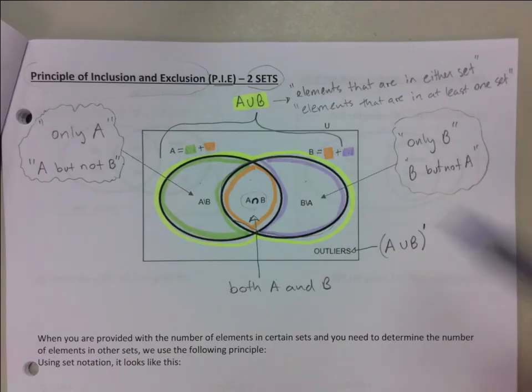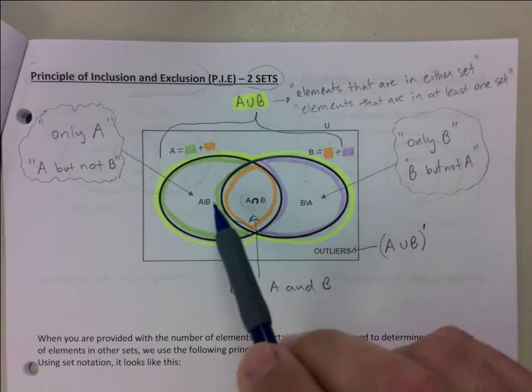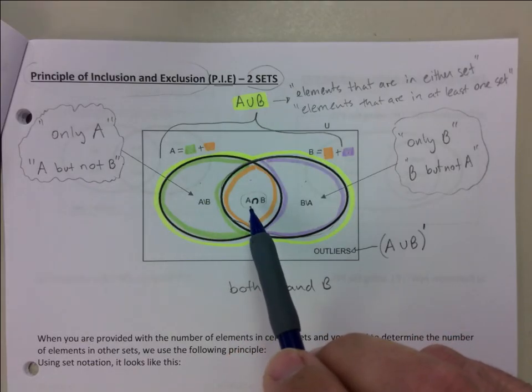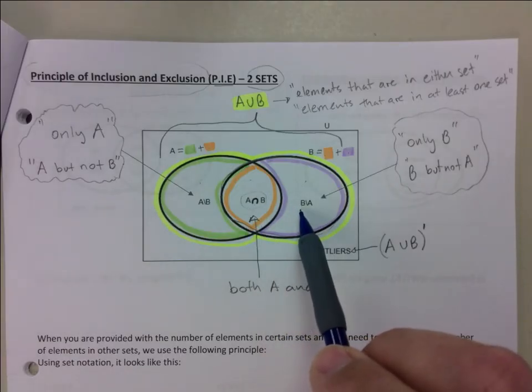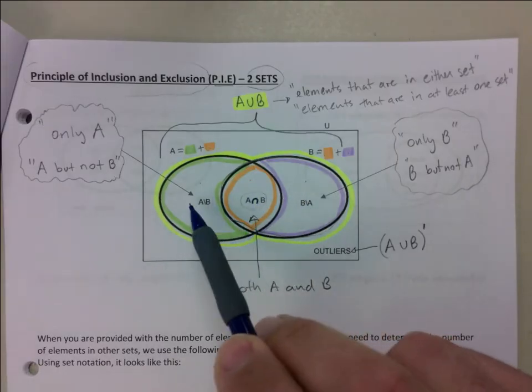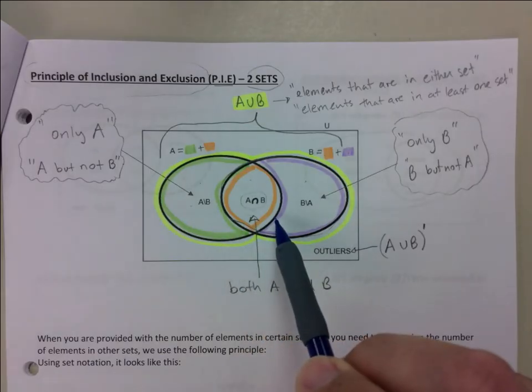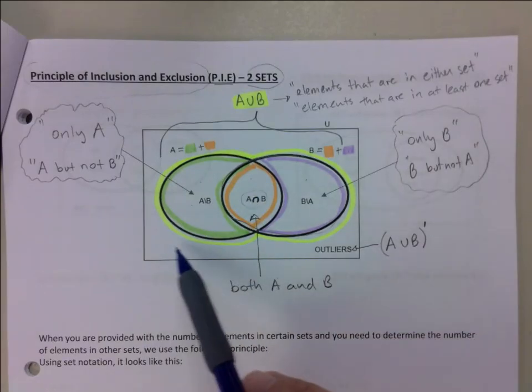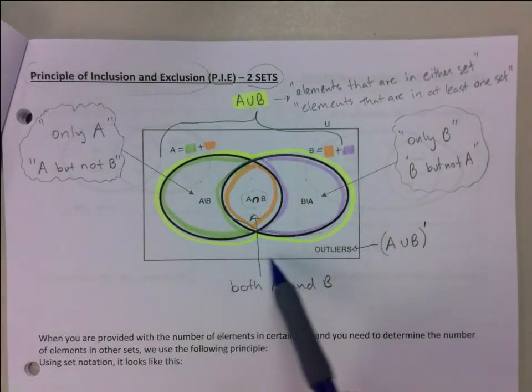In either one. So union means it could be students that are only taking applied. It could be students that are taking both. It could be students that are only in biology, right? It could be any of these three sections. Any of those students, those are the ones we're referring to when it's or. And remember, we do not include outliers in here.